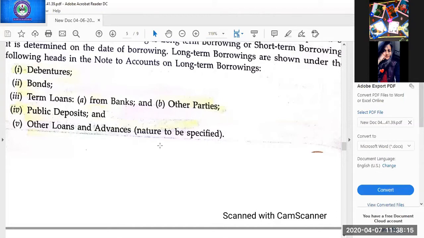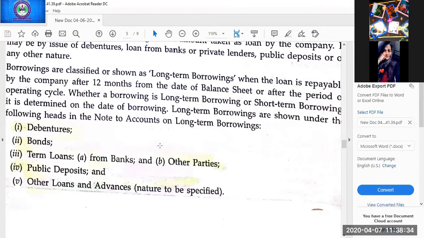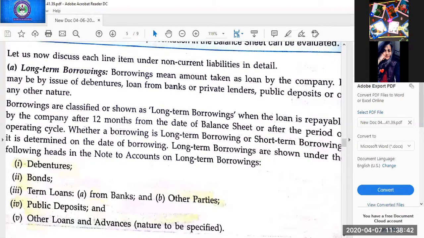Suppose in the question it is mentioned bonds, and they have asked head and subhead. So your answer will be: head, the major head, is non-current liability, and subhead is long-term borrowings. So what we are doing here is non-current liability, that is the major head, and long-term borrowing is the subhead of non-current liability.